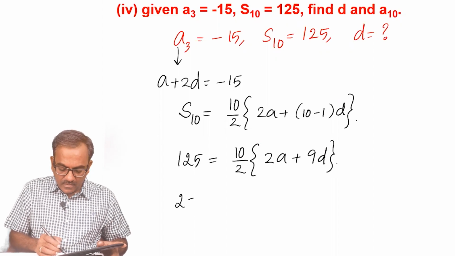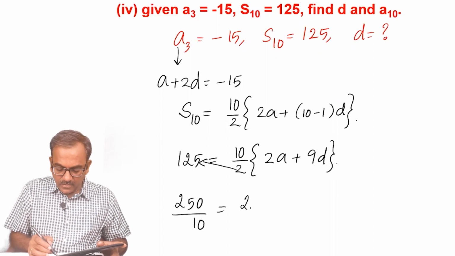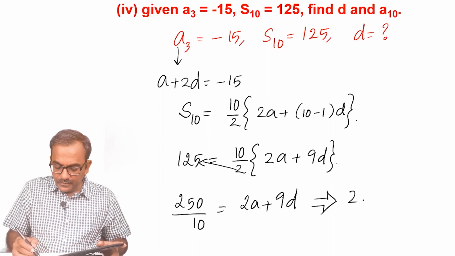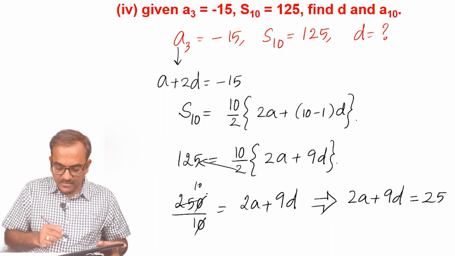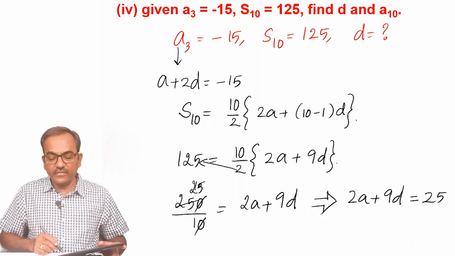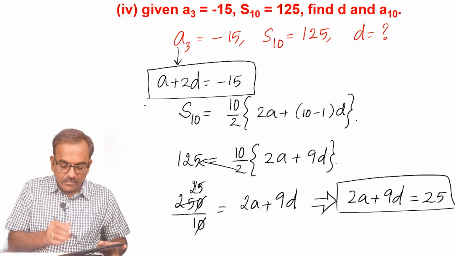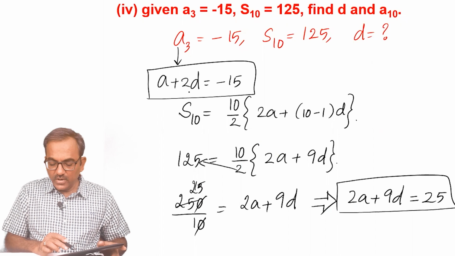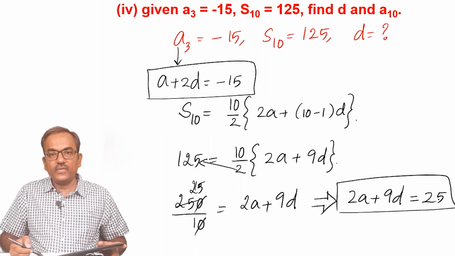Again, we have to cross multiply: 125 by 5 is equal to 2A plus 9D, or 2A plus 9D is equal to 25, on cancelling. We get these two equations. We have A plus 2D is equal to minus 15 and 2A plus 9D is equal to 25.